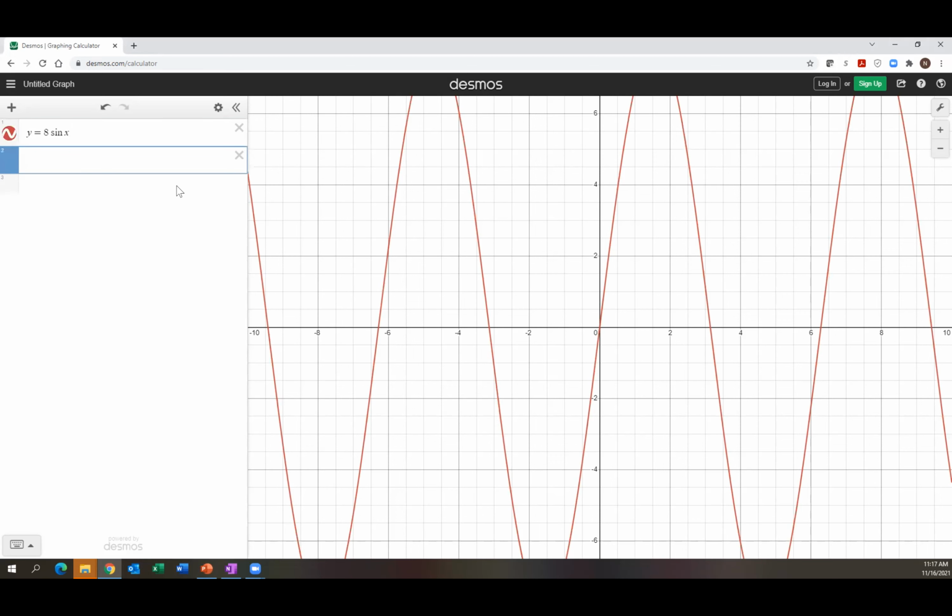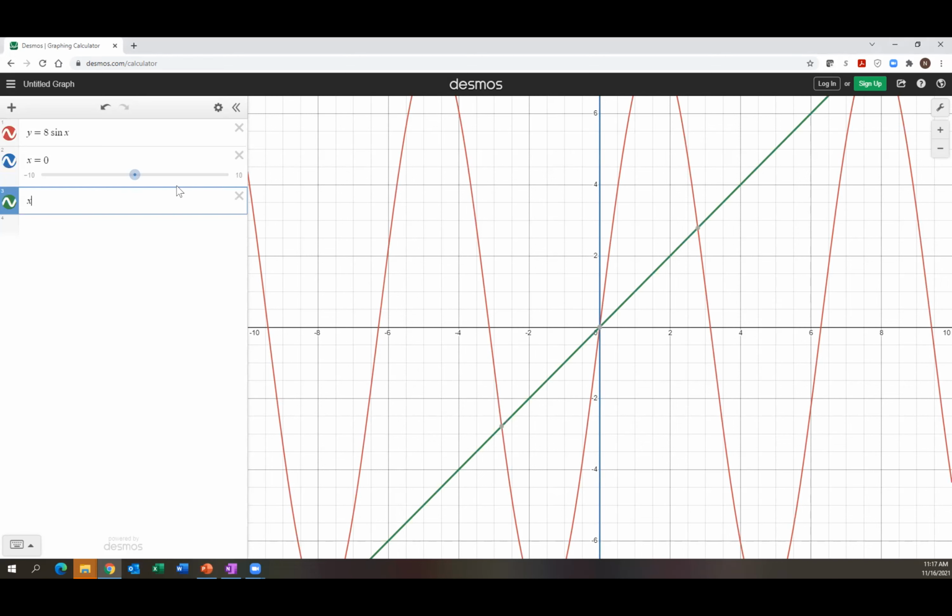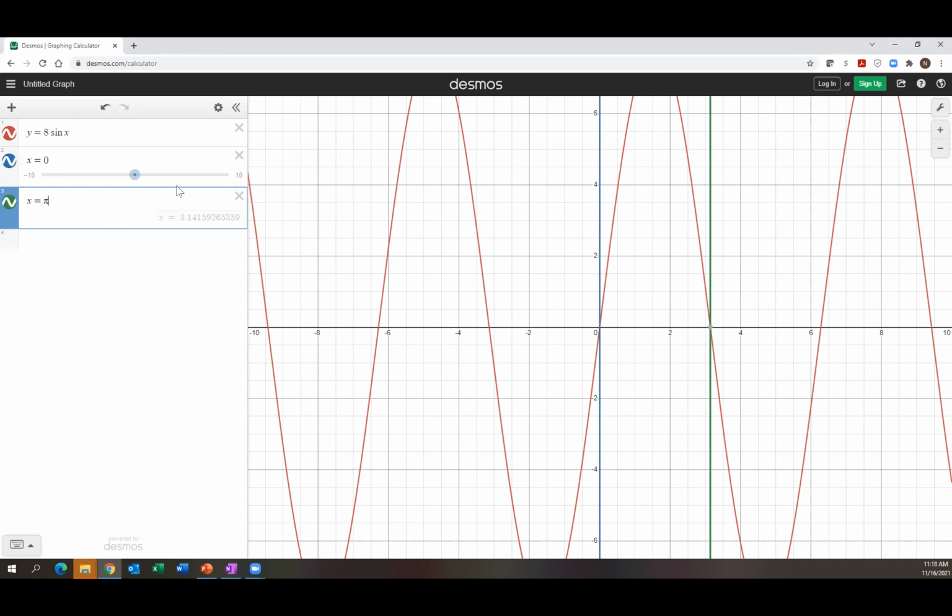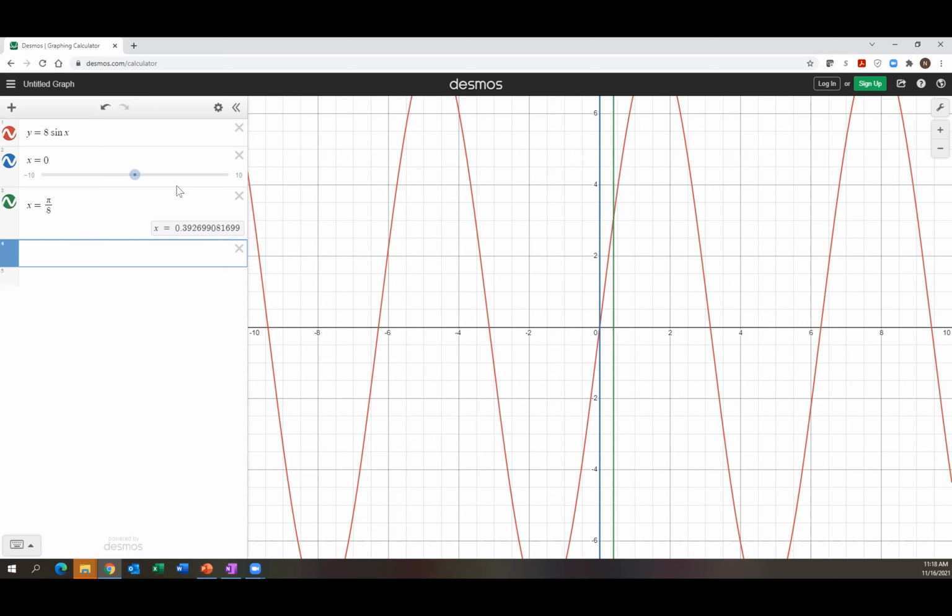If we wanted to plot specific points, so x equals 0. If we wanted x equals pi over 8. If we wanted x equals pi over 4.